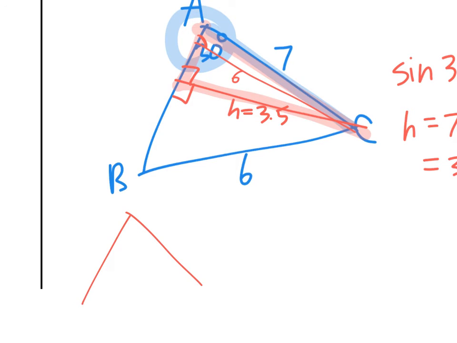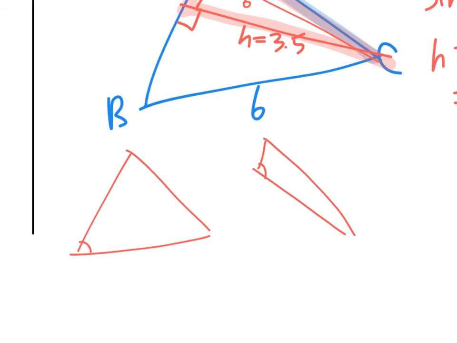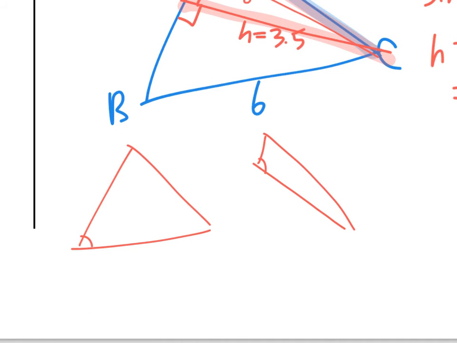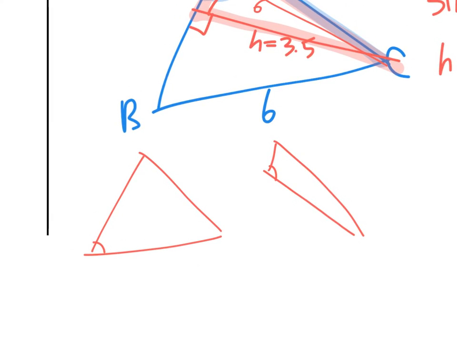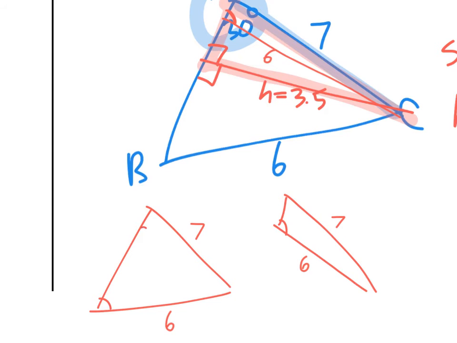One is this one, and this is an acute angle. And then the other one is like this, and this is obtuse. All right, we have two triangles. So let's go ahead and write all the measurements that we know. This is 7, this is 6, this is 7, this is 6. This is 30 degrees on both of them.